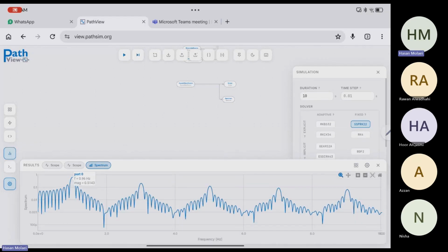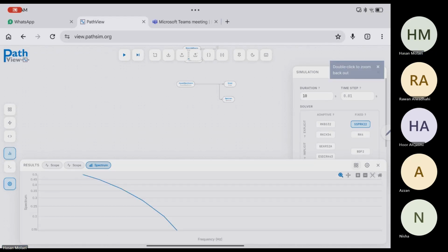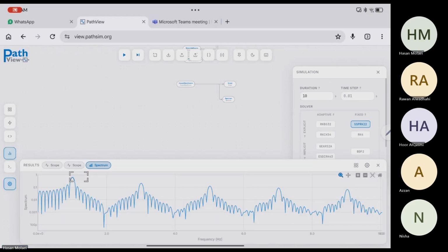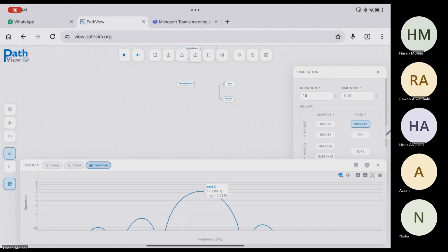Look at these peaks here. Which frequency is this one? 1 hertz. This spectrum is showing the signal in the frequency domain. You can see here the horizontal axis is frequency.